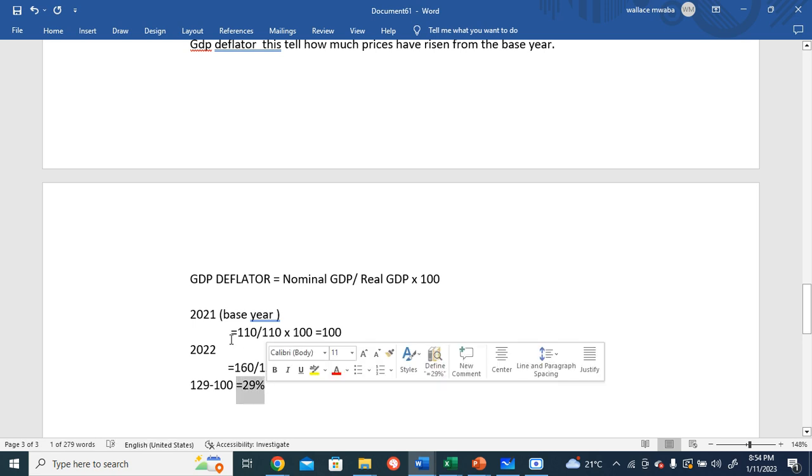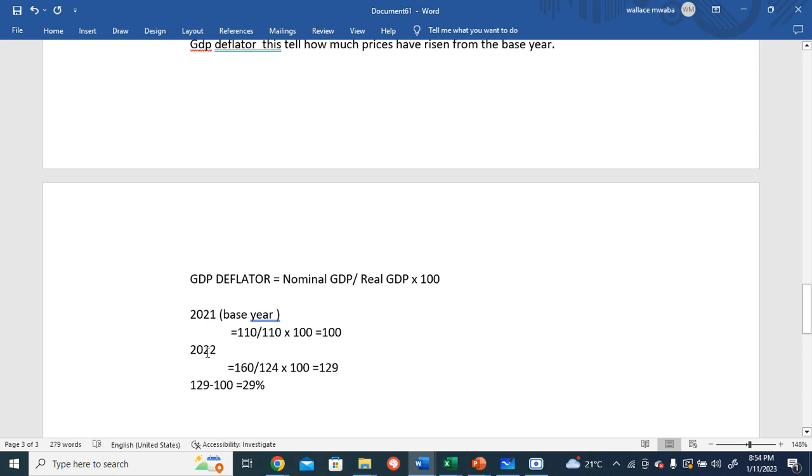What this means is the price level of goods and services has increased by 29% from 2021 to 2022.